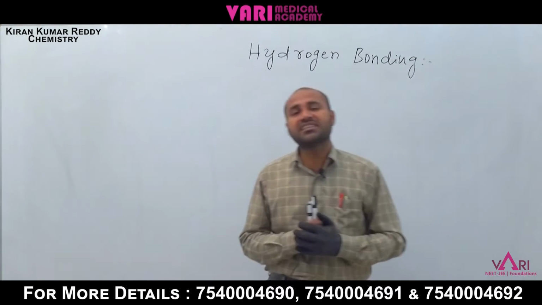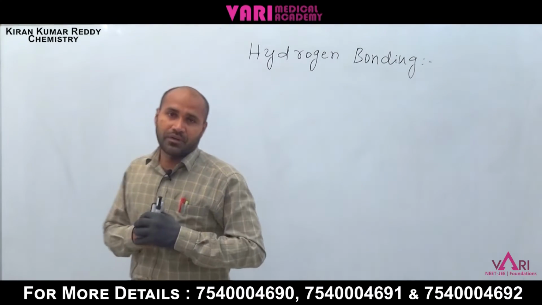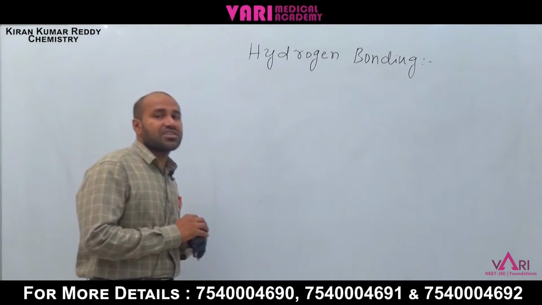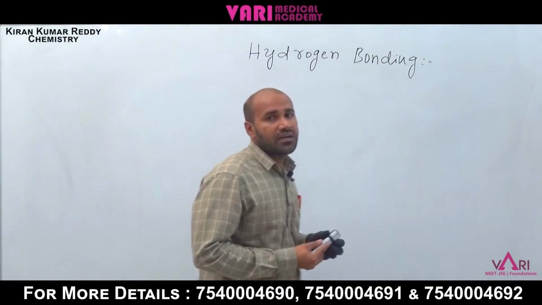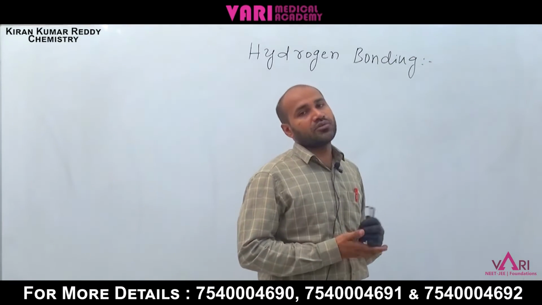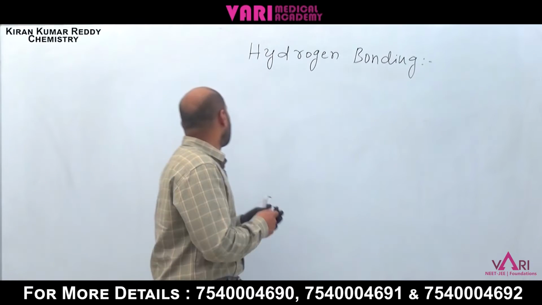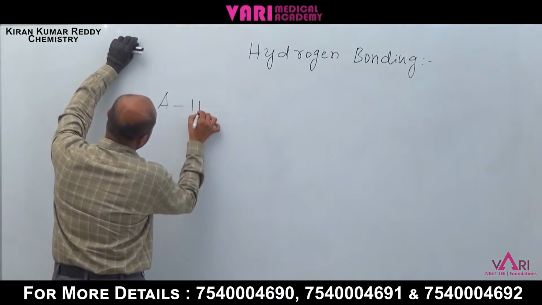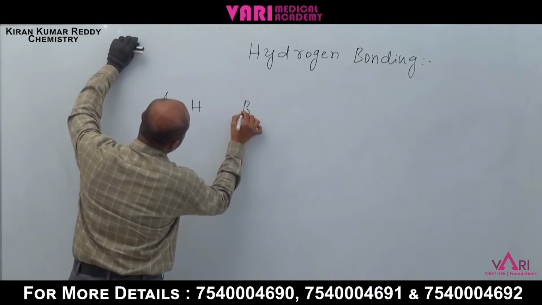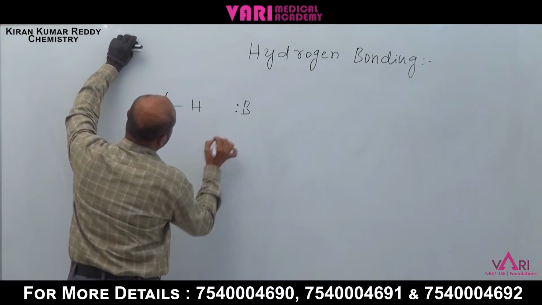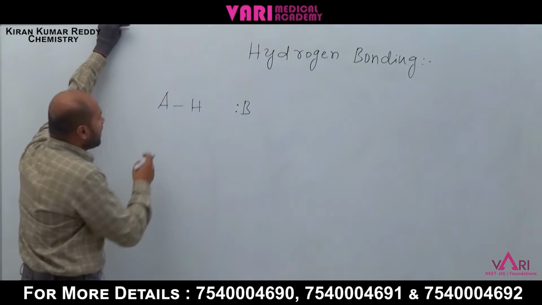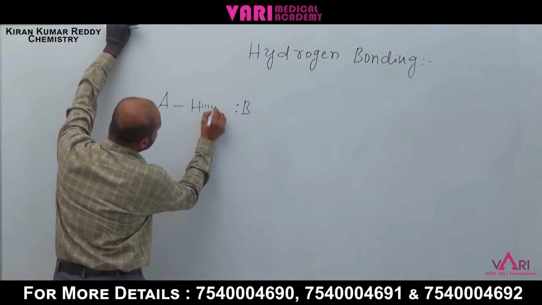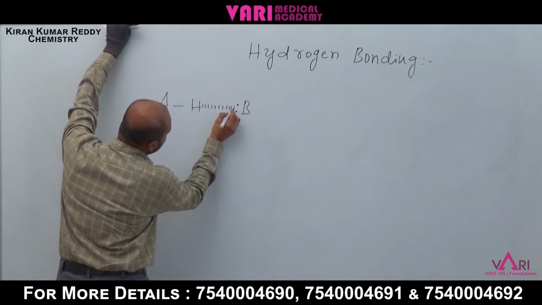Here we can take a simple A, that is H, and another one B. B has a lone pair of electrons, so A-H...B: the electron deficient hydrogen atom and the electron rich heteroatom.